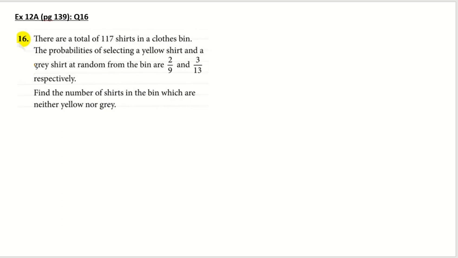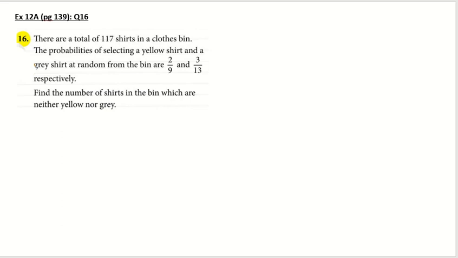Find the number of shirts in the bin which are neither yellow nor gray. That means I don't want yellow, I also don't want gray. Very similar to what we have just done. Maybe let me just give you 5 minutes. You may want to pause the video. Try this question first before you continue the video and check your answers. So pause your video first.